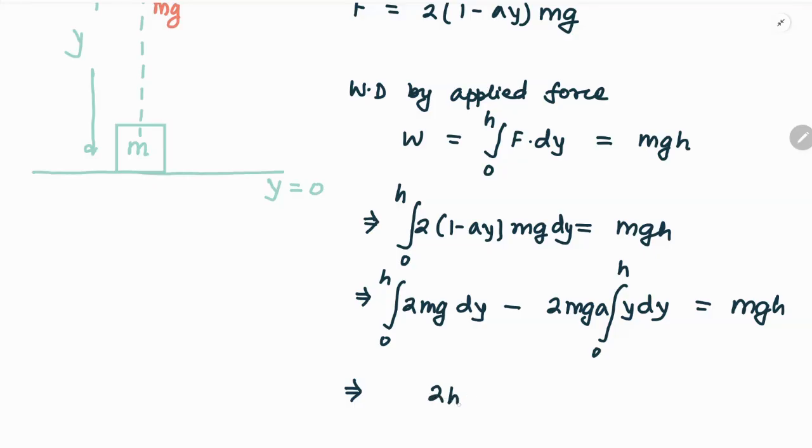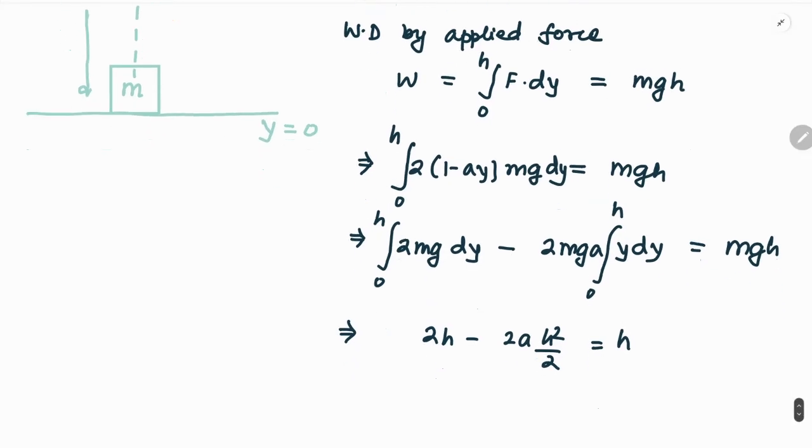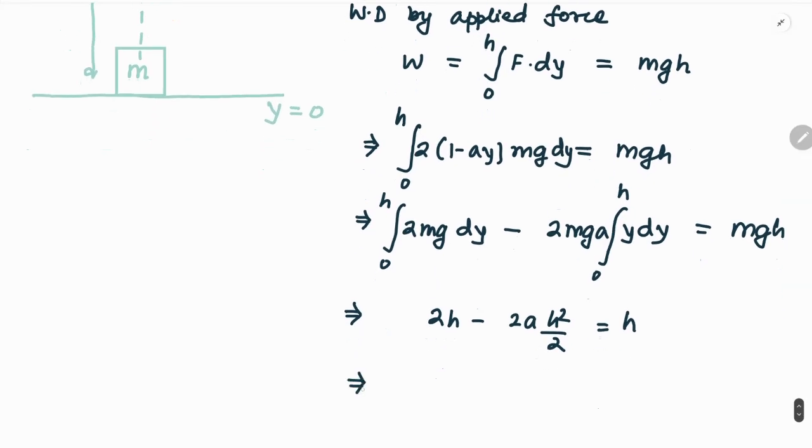Then we get 2h minus 2a h squared by 2 equals h. Cancelling mg on all sides, we get h equals 1 by a. So this is the first thing we need to understand about the problem, that the particle is going to attain a height h equal to 1 by a.